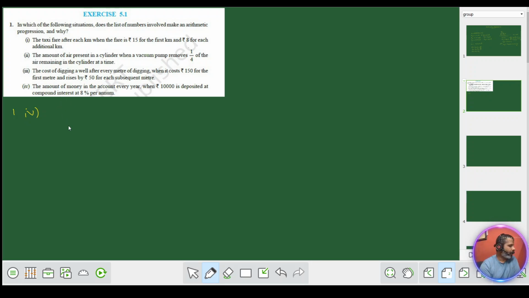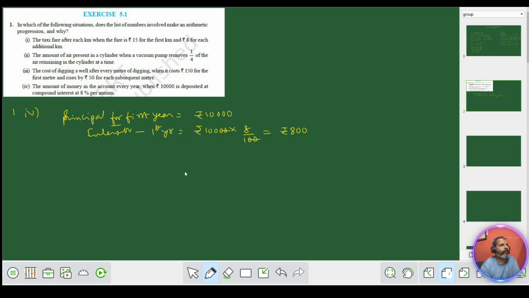Okay, let's see. So here the principal for the first year is what, rupees 10,000. Then the interest for the first year, how much? Rupees 10,000 into 8%, means 8 by 100, which comes to rupees 800. That's the interest for the first year.